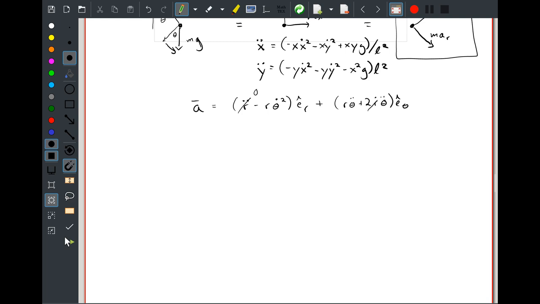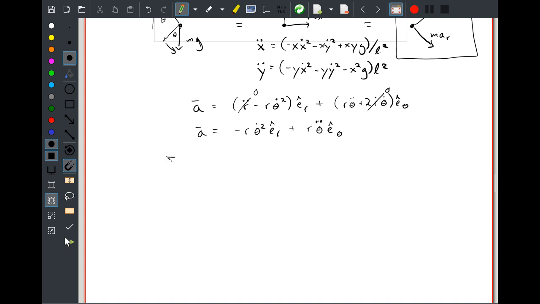These 2 terms are both 0, the velocity, that r dot, and r double dot, the radial velocity and acceleration. So that means my acceleration is negative r theta dot squared e r plus r theta double dot e theta.